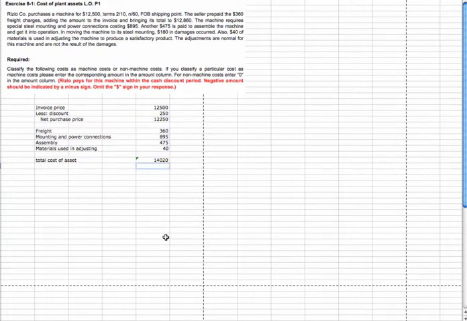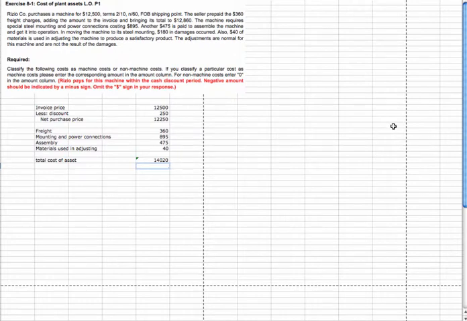So that gives us that our total cost to be recorded for the purchase of this asset is $14,020. All right? So that's how you determine the cost of the asset. Once again, definition-wise, the definition was the purchase price plus all the additional costs to get the equipment into a usable condition to give you what the total cost of the asset is.